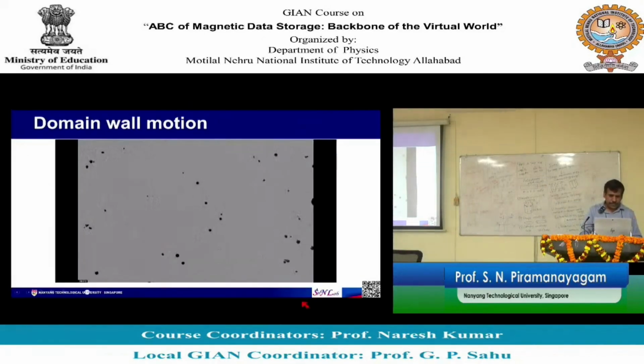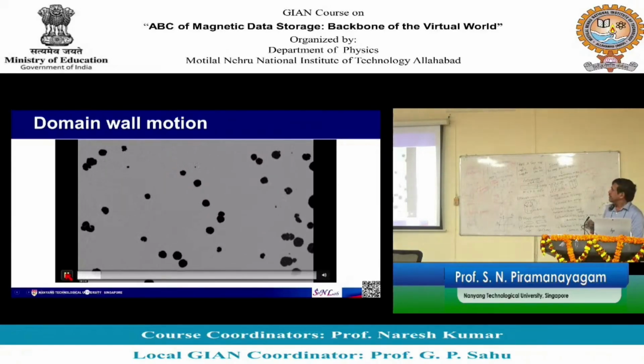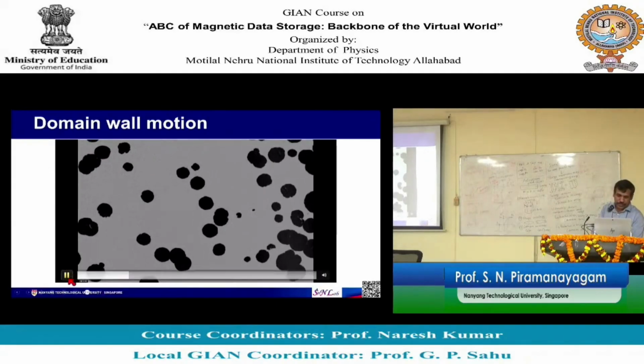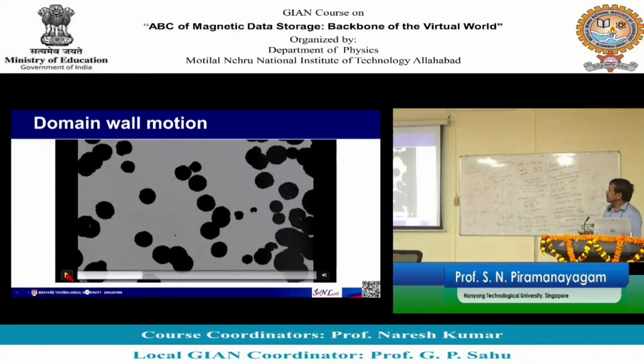So, here is the video that we captured in our lab. This is a film with perpendicular magnetic anisotropy. You can assume that black means the north pole is towards you, and gray means the south pole is facing towards you. When we apply a certain magnetic field, you can see the black regions expand. The boundary between the black and the gray region is a domain wall.